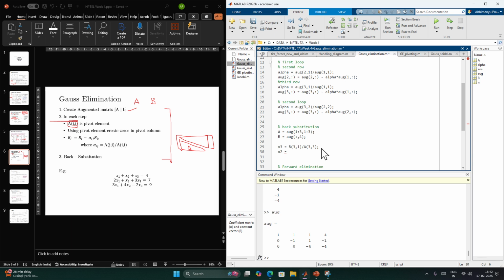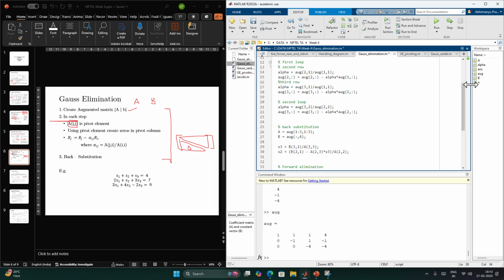Now let us calculate x2. So if I write this, that would be b(2,1) minus, I need to subtract, a(2,3) multiplied by x3, and divide this by a(2,2).